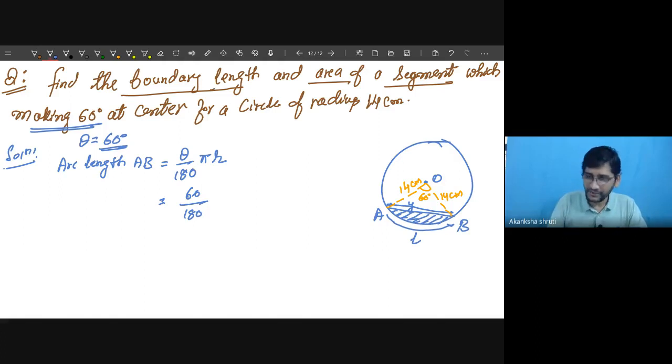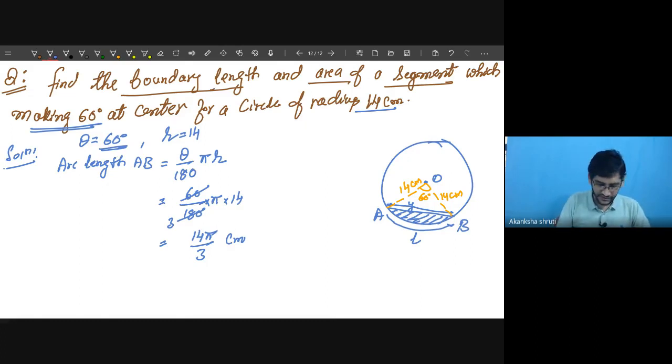My preference, or I always advise you, is to carry this pi as it is and substitute the other values. So r is given as 14. So it is 14 pi by 3 centimeter. This way of writing in terms of pi is acceptable. Lastly, you substitute the value of pi. Now the chord length.